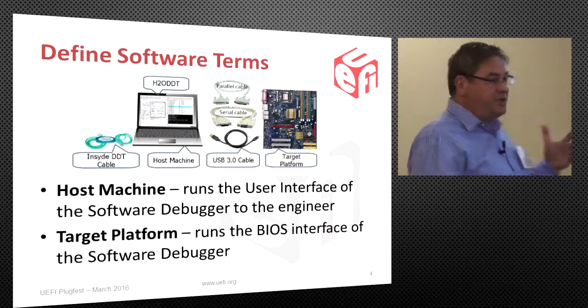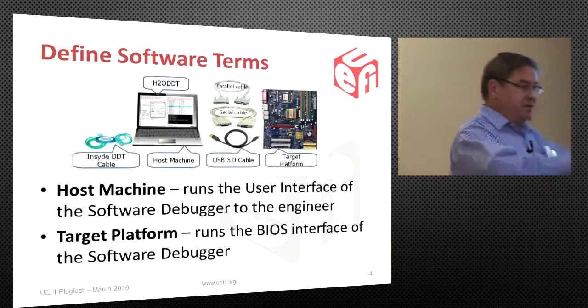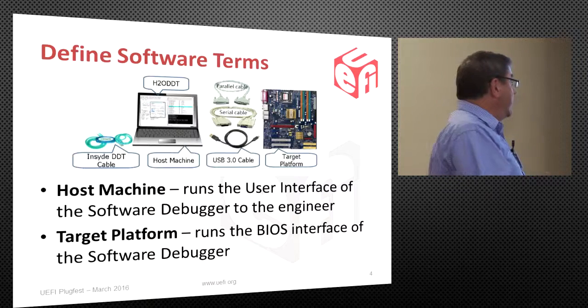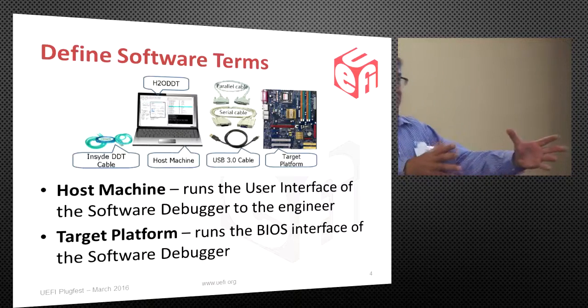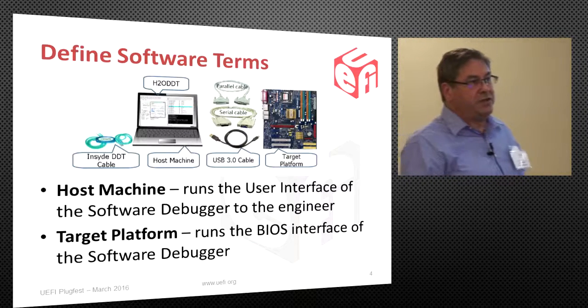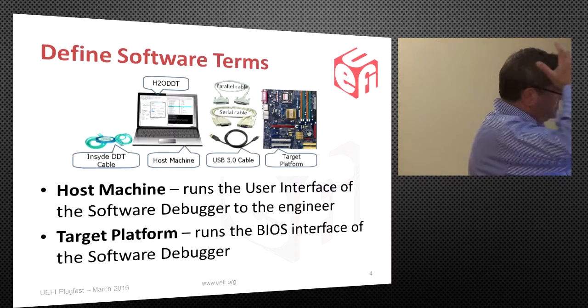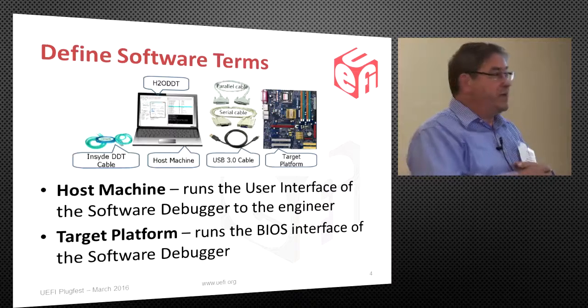To define some terms here, you have the host machine, which is the machine the programmer is using to do the debug. And then you have the target machine, which is the platform that's actually doing the execution. As I said, you can hook up to any number of different cables.